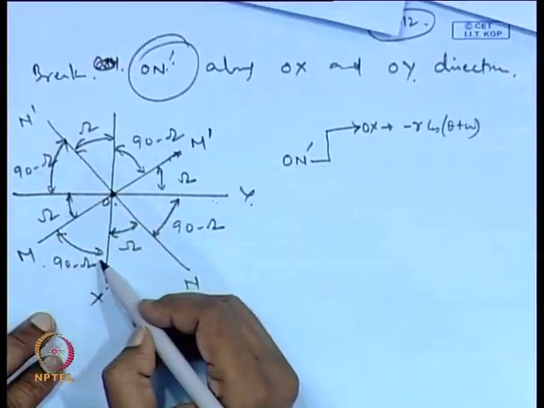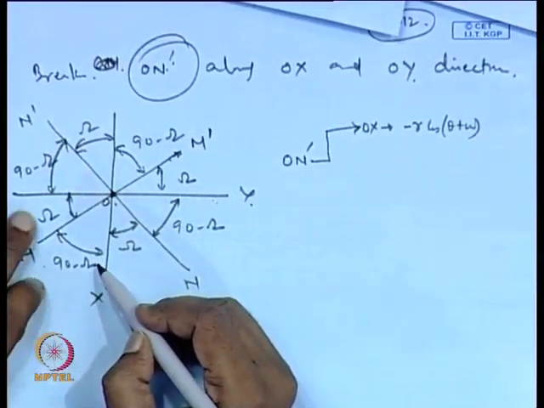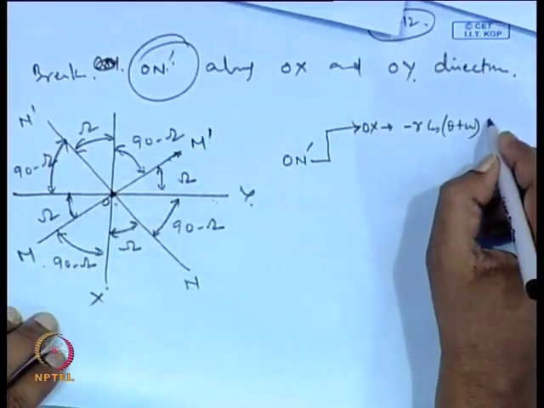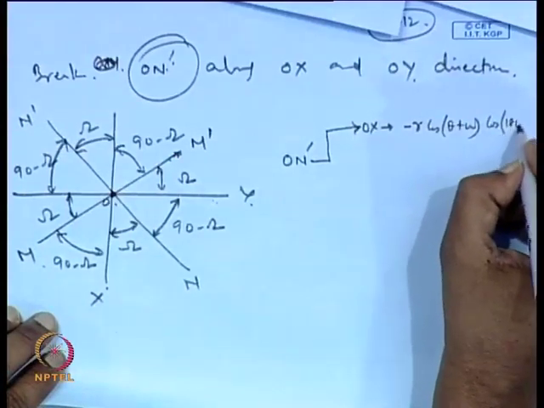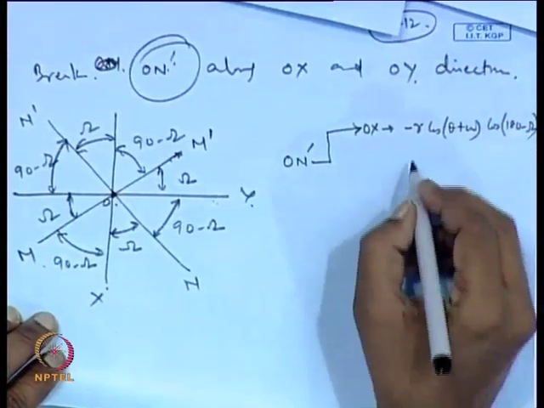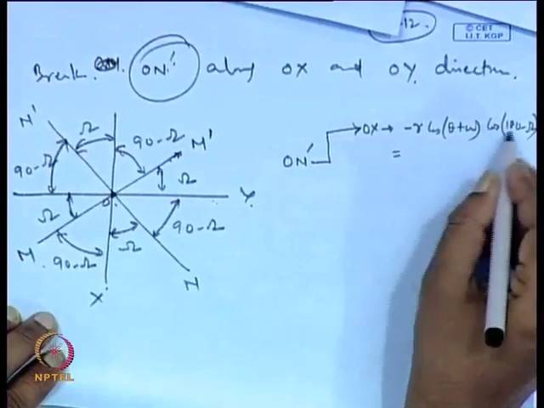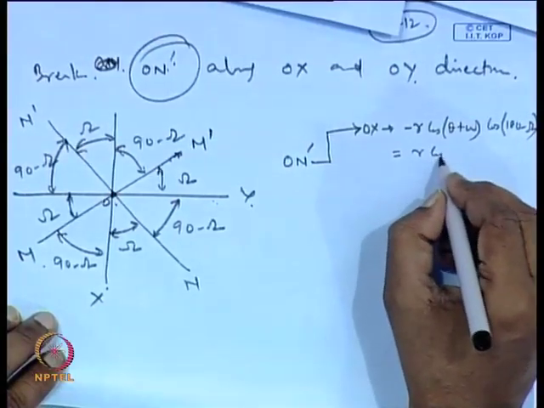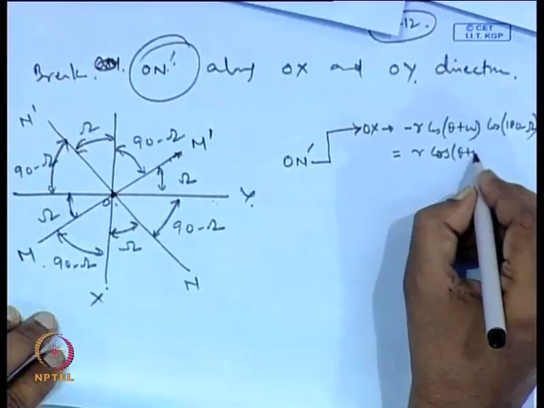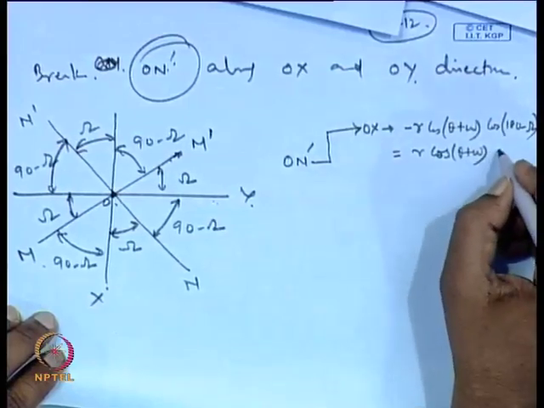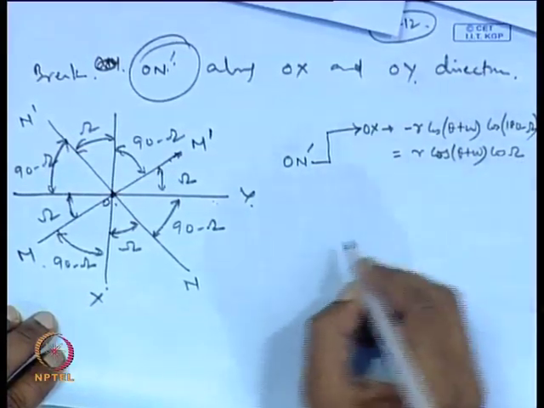And the angle from here to here is nothing but 180 minus capital omega. So, this becomes cos of 180 minus capital omega. So, this becomes equal to r cos theta plus omega times cos capital omega.